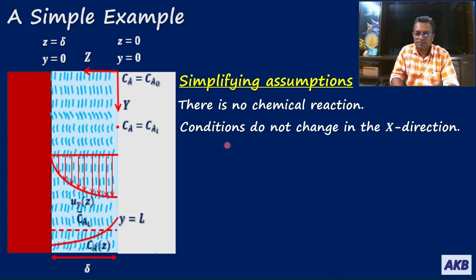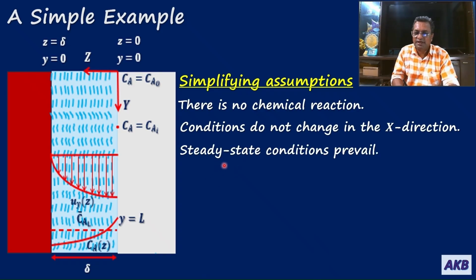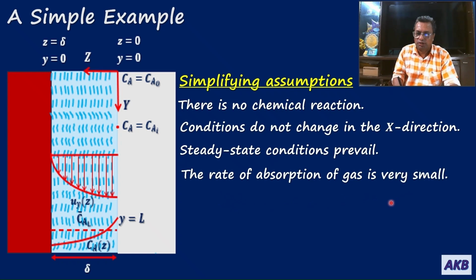And what is the assumption? We are going to assume that conditions are not going to change in the x direction. This is the second assumption. Then the third assumption is that steady state conditions are prevailing. I will be discussing each of these assumptions and the effect of each assumption on those two equations in detail. Then the fourth assumption is that the rate of absorption of gas is very small.